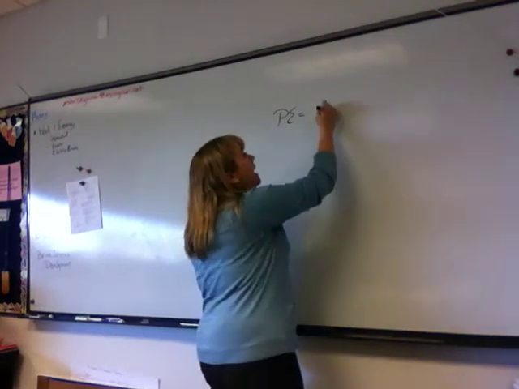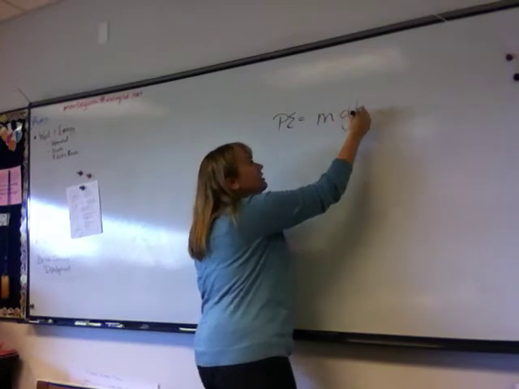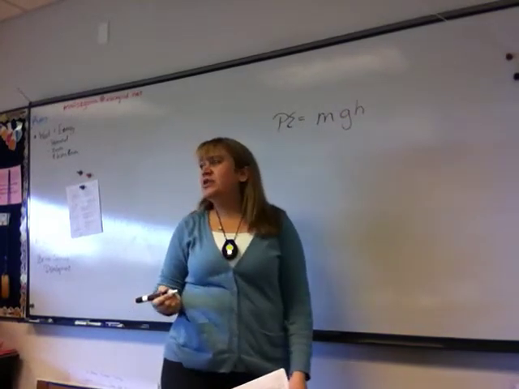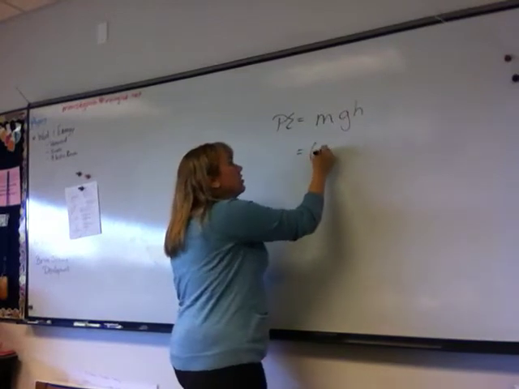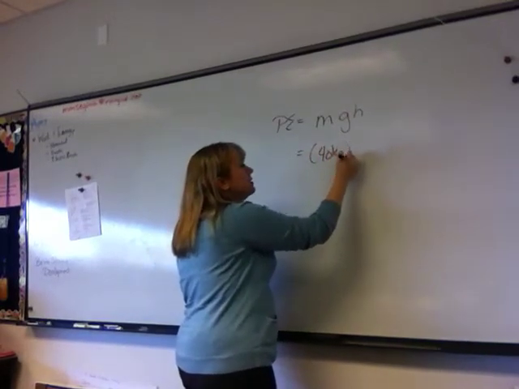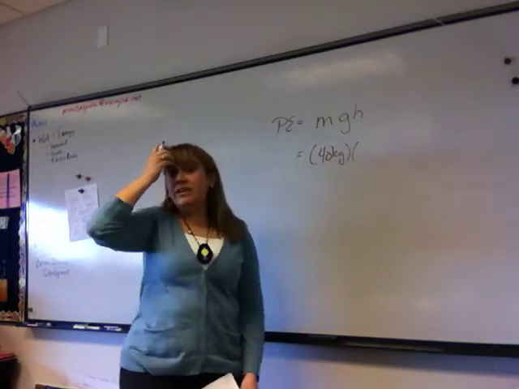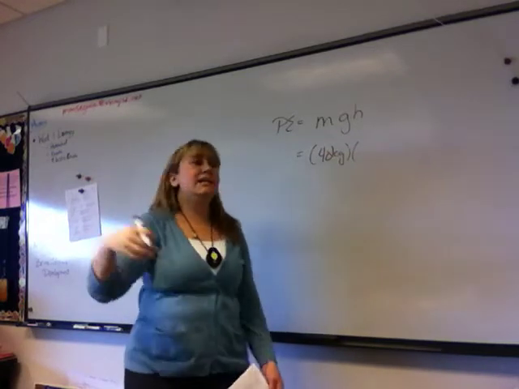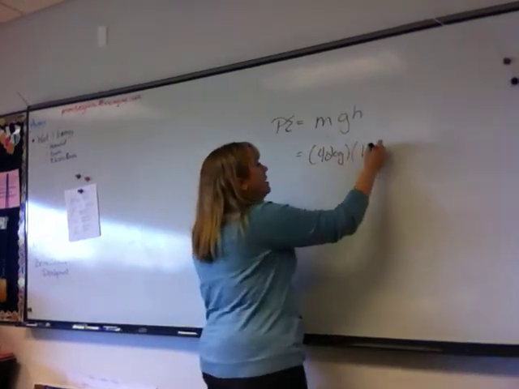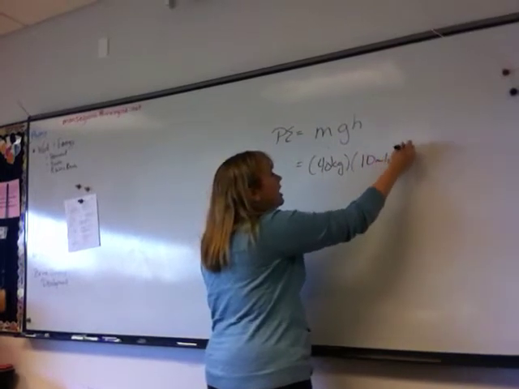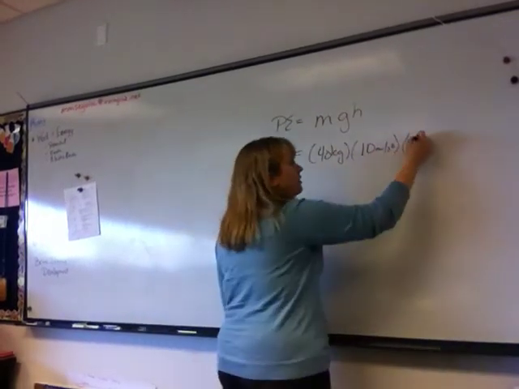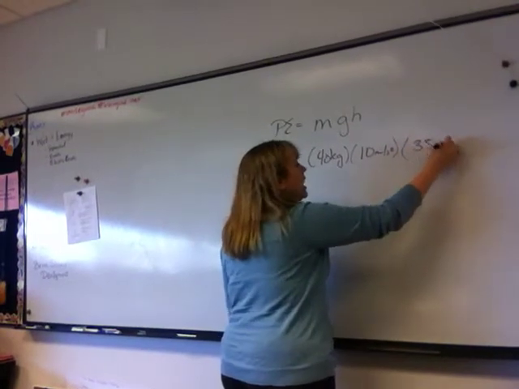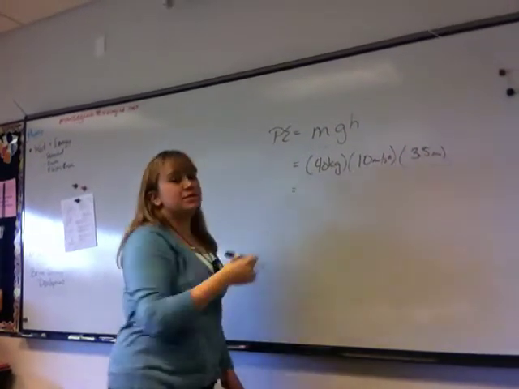All right, mass times gravity times height. So what is the mass of the box? 40 kilograms. Gravity? Yeah, we're lazy. Let's call it 10. All right, so 10 meters per second squared. And how high is it being lifted? 3.5 what? Awesome. All right, so 40 times 10 times 3.5.